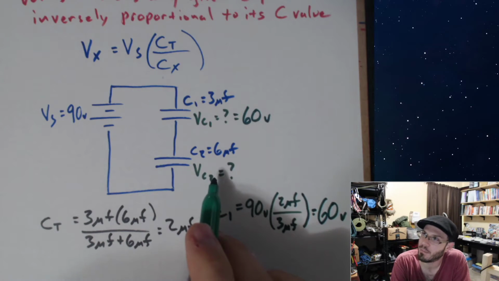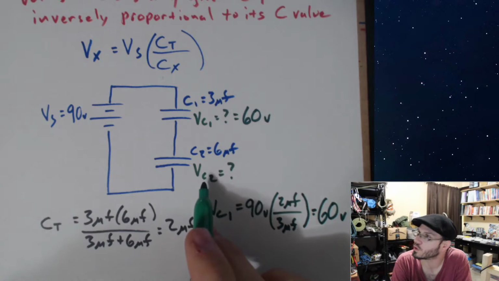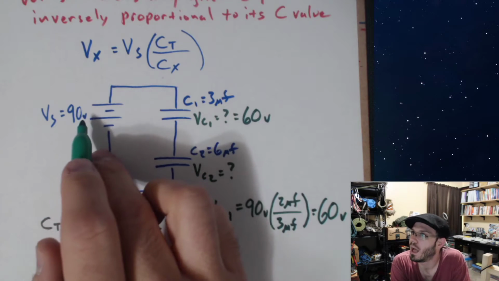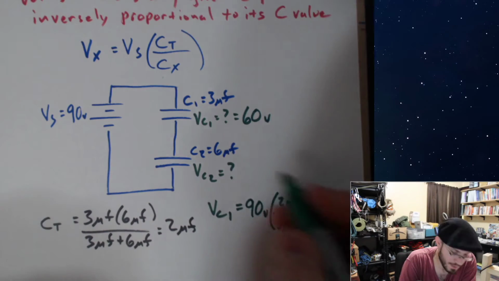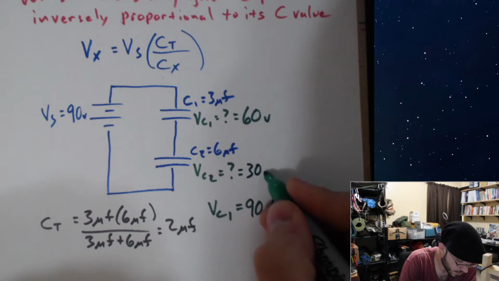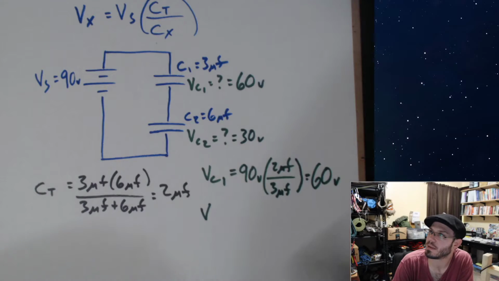Now the second cap, you would suspect that Kirchhoff's voltage law holds true here. And so 90 volts minus 60 volts gives us 30 volts. I think it's going to be 30 volts. Well, let's go ahead and calculate that just to be sure of it and make sure everything agrees with each other.